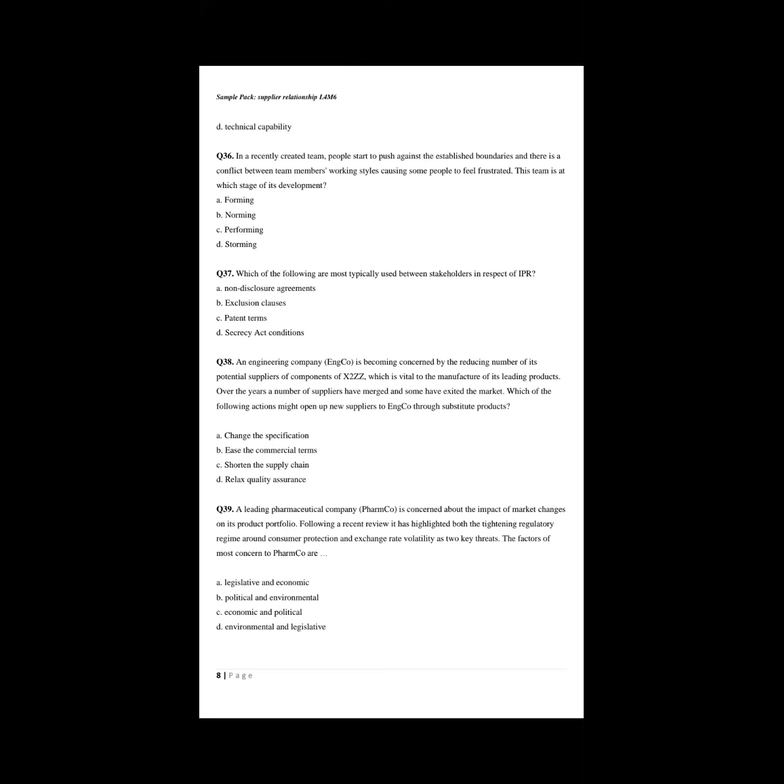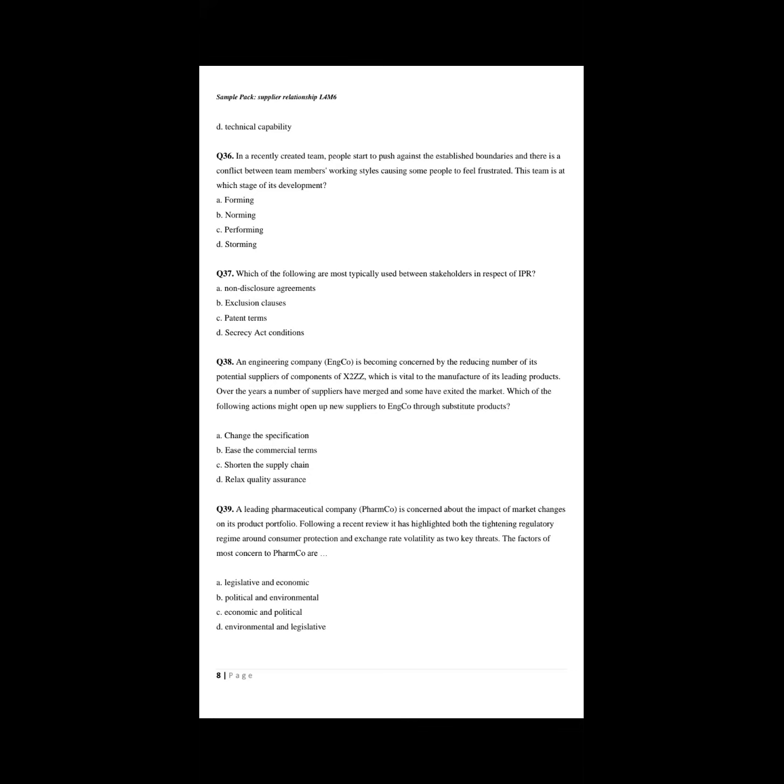Which of the following actions might open up new suppliers to ENCO through substitute products? A, change the specification. B, ease the commercial terms. C, shorten the supply chain. D, relax quality assurance.